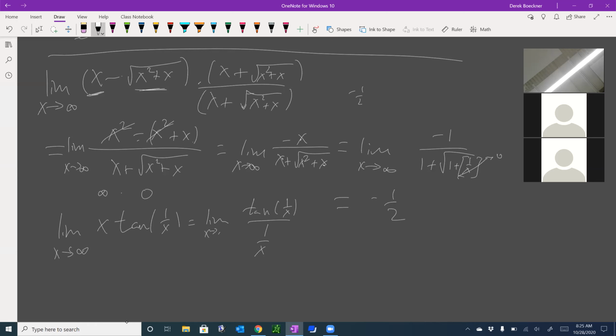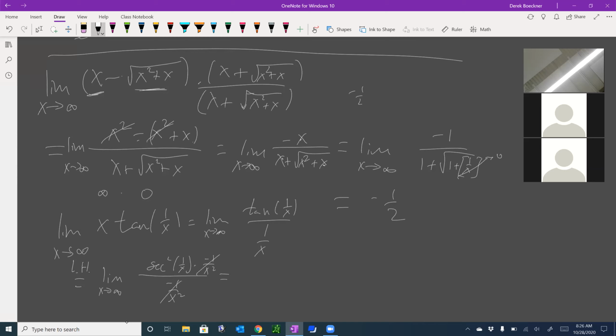The derivative of the tangent is the secant squared, multiplied by the derivative of the 1 over x bit, which is going to be minus 1 over x squared. And this is also going to be minus 1 over x squared. So those are going to cancel, and this is the limit of the secant squared of 1 over x.